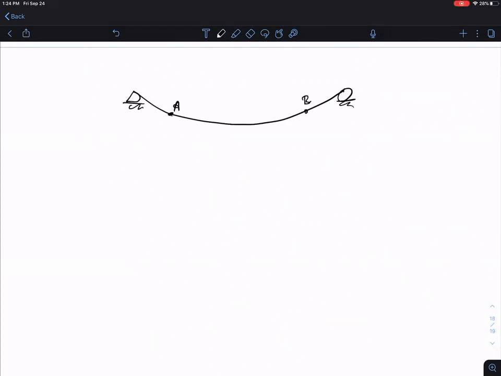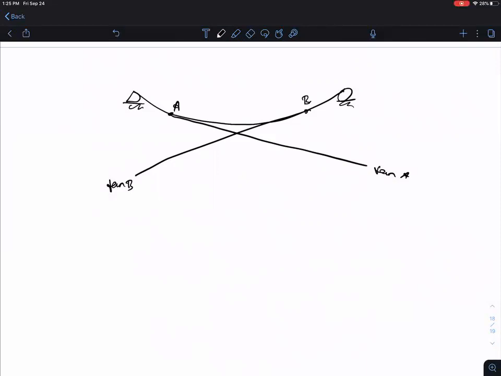And if we extend the tangent from A and we extend the tangent from B, right?